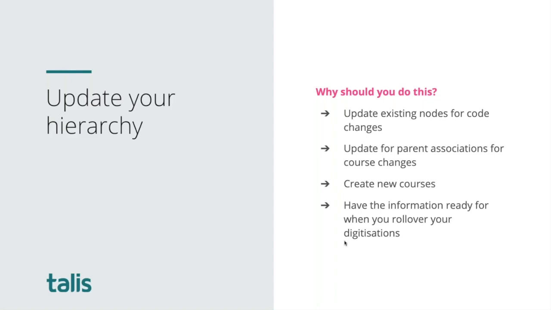It's also really important to create new courses, so your academics can start to create lists, or your library can start to create lists for those new courses. And as I said, have that information ready for when you roll over your digitisations.